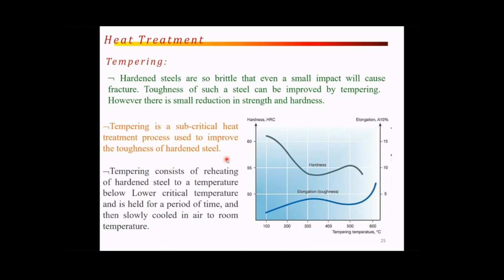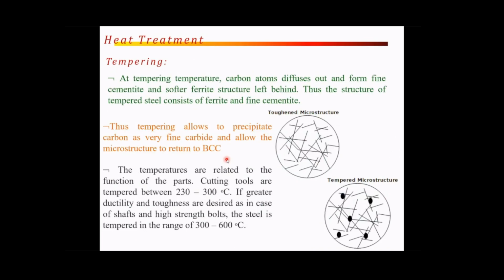Tempering consists of reheating the hardened steel to a temperature below the lower critical temperature, holding for a period of time, and then slowly cooling in air to room temperature. At the tempering temperature, carbon atoms diffuse out and form fine cementite, with softer ferrite left behind. Thus, the structure of tempered steel consists of ferrite and fine cementite.